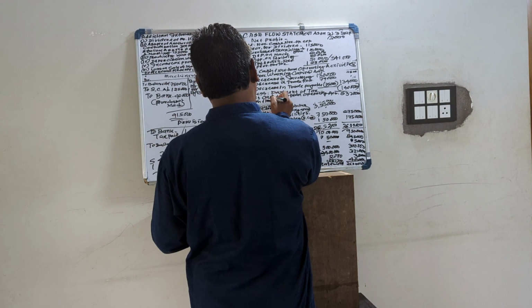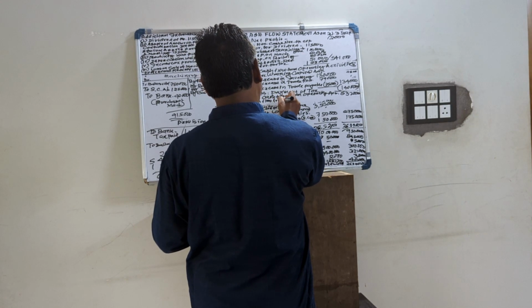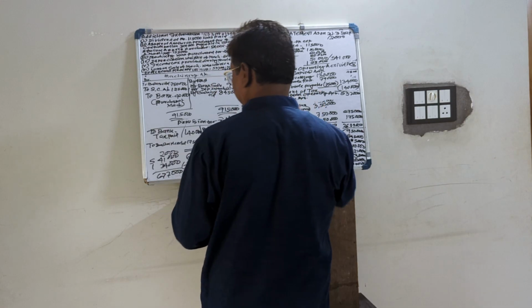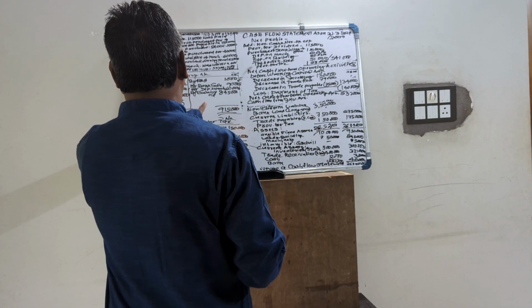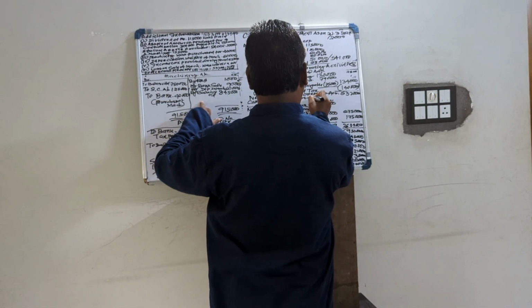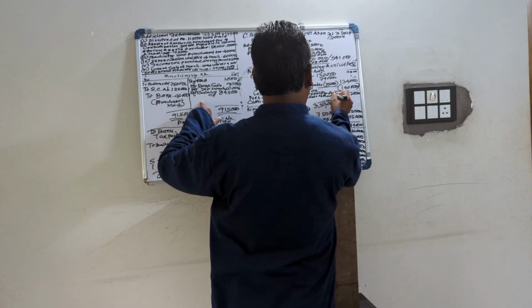Under investing activity, two things are given. One, sale of machinery, that is inflow of cash. Sale of machinery amount is only 9,000.